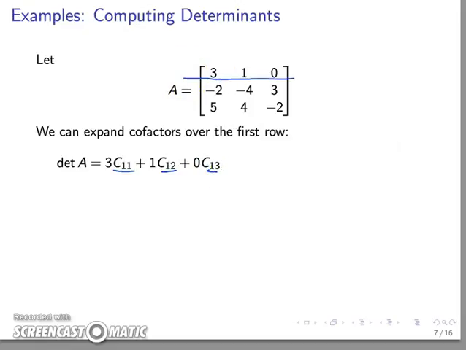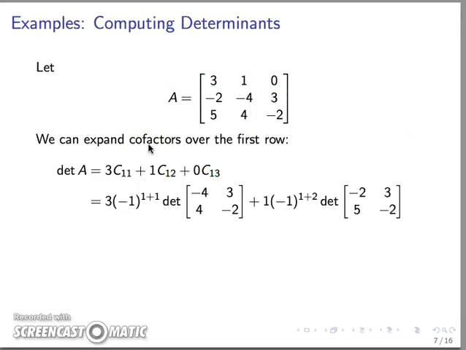So we are expanding over row 1, the first row of the matrix. You see the entry in position 1 1 multiplied by the cofactor, the entry in position 1 2 multiplied by cofactor C sub 1 2, and importantly the 0 is in position 1 3, multiplied by cofactor C1 3, which means we don't really need to calculate that cofactor, because it will be absorbed by multiplying by zero. So we only have to compute C11 and C12.